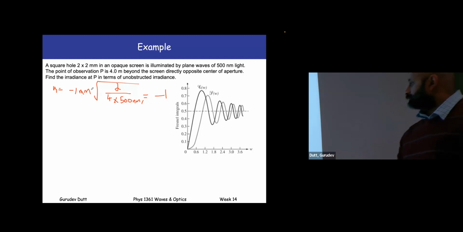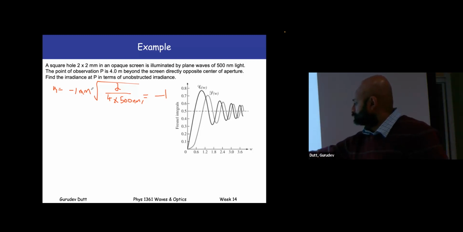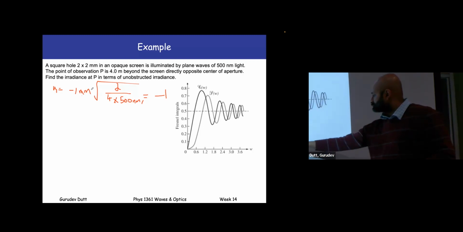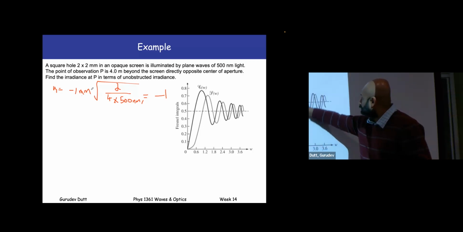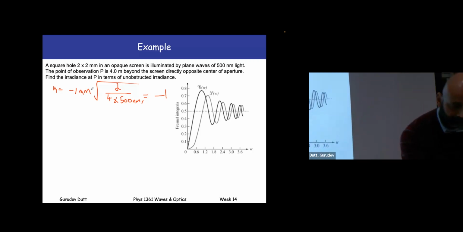So what do we do? Well, of course, graphically, what we would do is find the point where W equals 1. Over here, this is probably in between these two, is 0.9. So 1 is roughly over here.